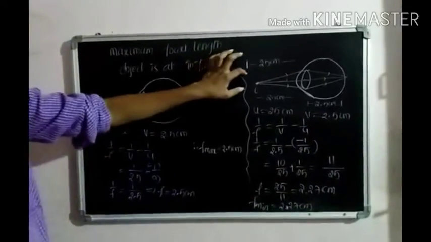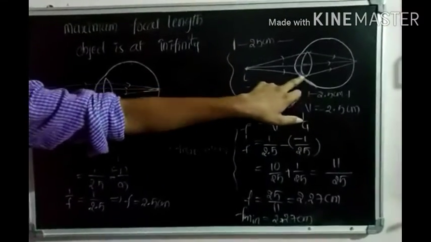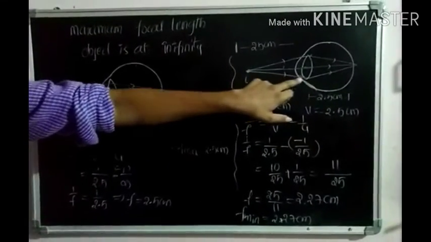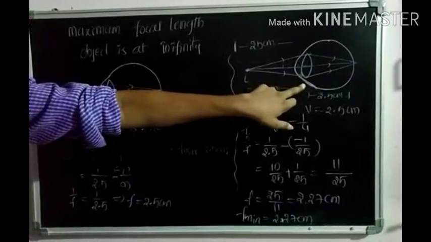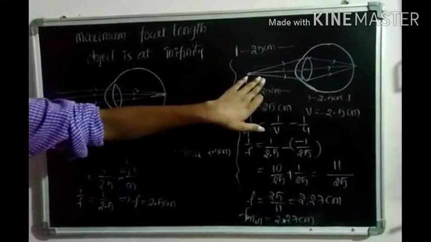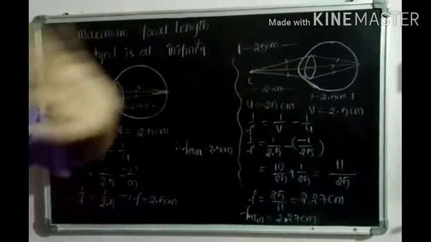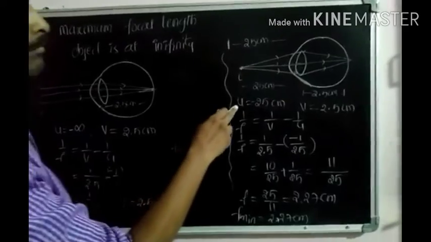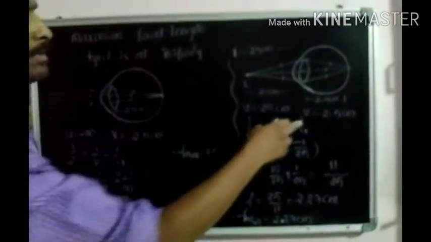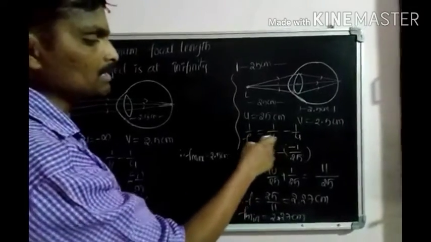When we apply the sign convention, first, distances are measured from the lens. Second, the object distance is opposite to the direction of the incident ray, which is why we take it as negative. So u equals minus 25 centimeters, v equals 2.5 centimeters, and 1 by f equals 1 by v minus 1 by u. This is the lens formula.